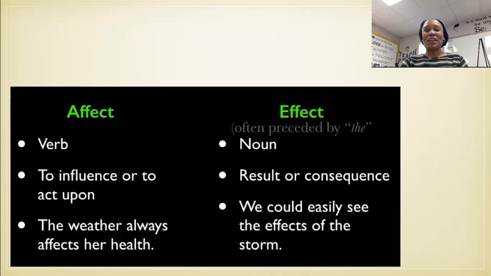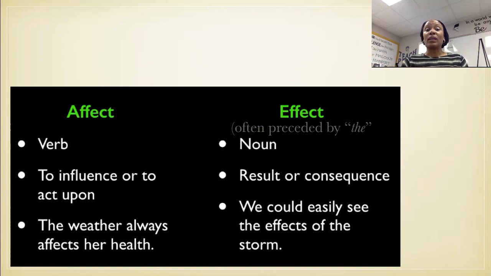We also have some more examples of troublesome words, and those are affect versus effect. Affect is a verb. It means to influence or to act upon. The example we have here says the weather always affects her health. In other words, the weather always influences her health, or the weather has influence on her health. Effect is usually preceded by the word the.